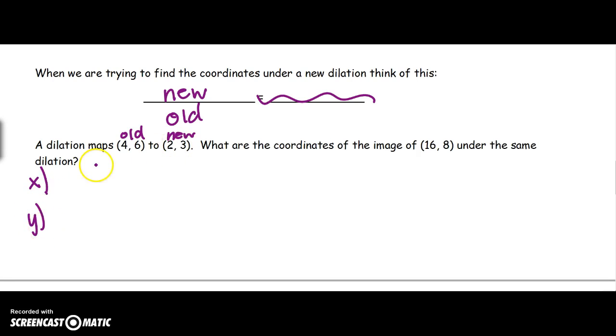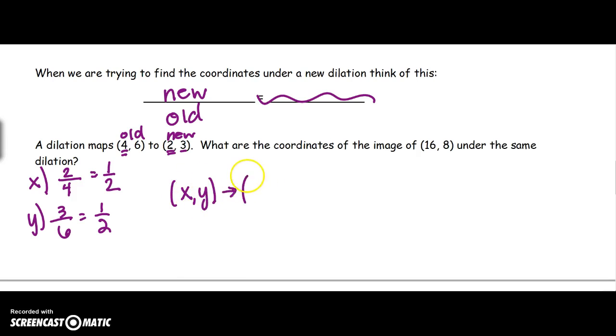So here, your new x value is 2 and your old is 4, and simplify. Do it again for y. You have 3 over 6, which is 1/2. So your coordinate notation for this dilation is 1/2 x, because that's what we found here, comma 1/2 y, because that's what we found here.